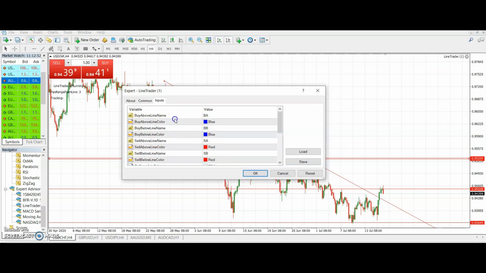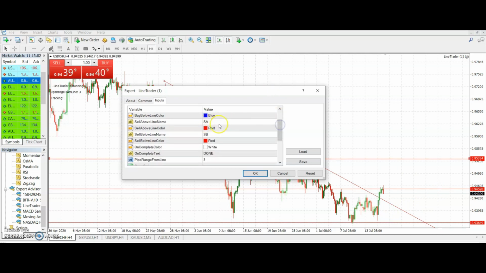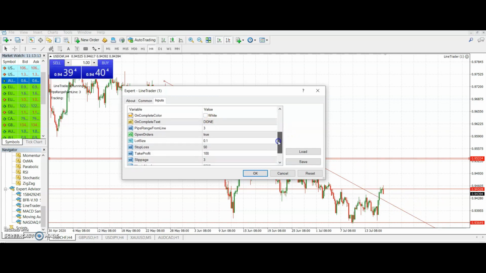So it can buy above, that's basically price crosses and then it buys. It can buy below, that is basically if price falls, it can still buy. It can sell above, which is the opposite, and sell below, which is the reverse of this. And you can give it the pip range, that is at what point do you want it to enter a trade.